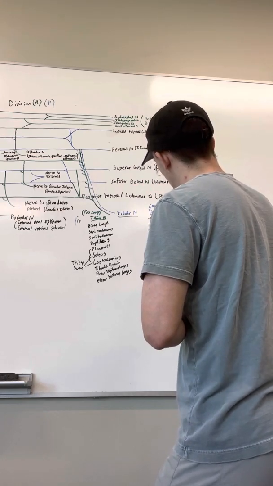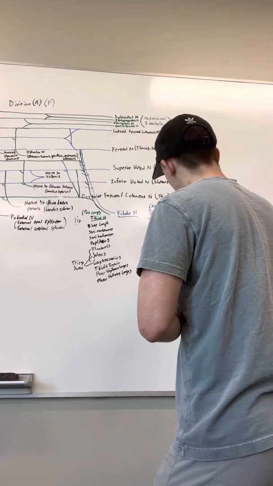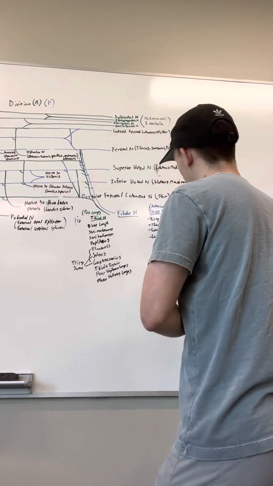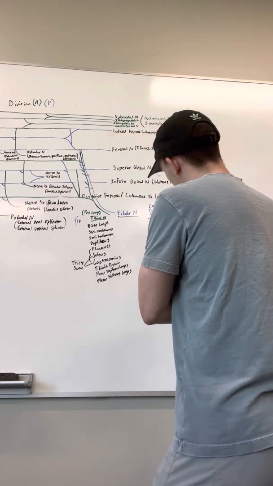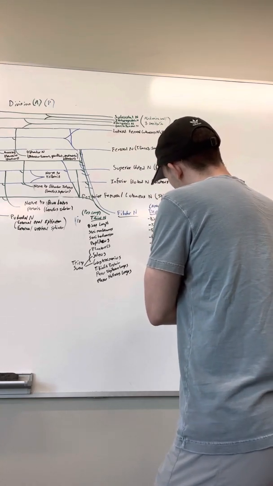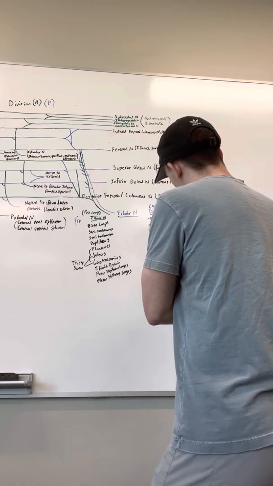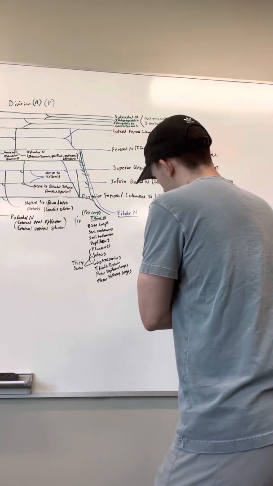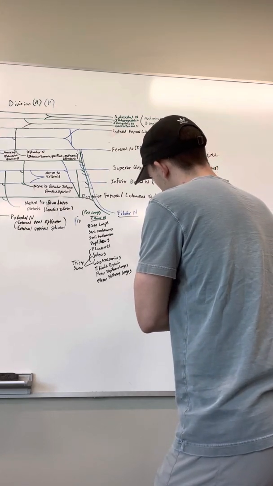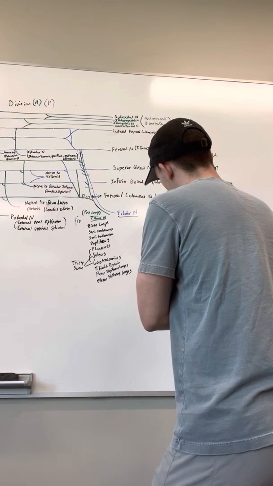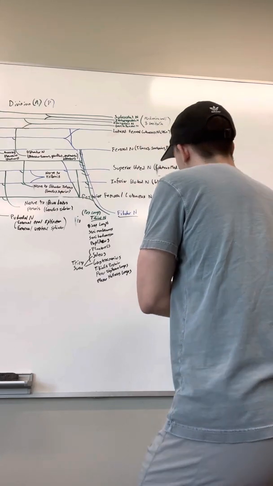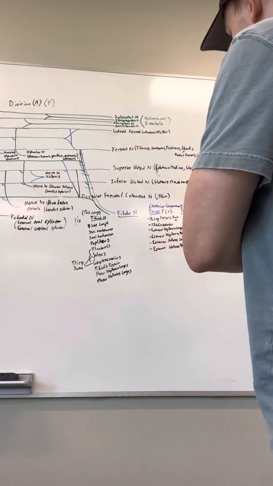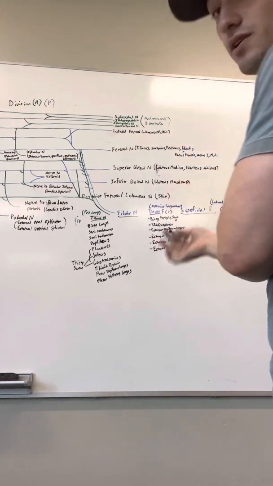extensor digitorum brevis, the extensor hallucis longus, and the extensor hallucis brevis. That's 6. The last one is part of the BLT.